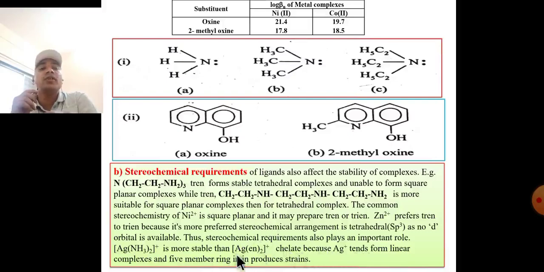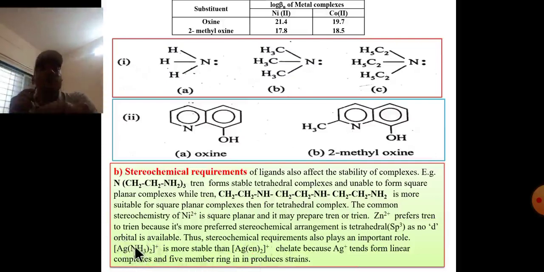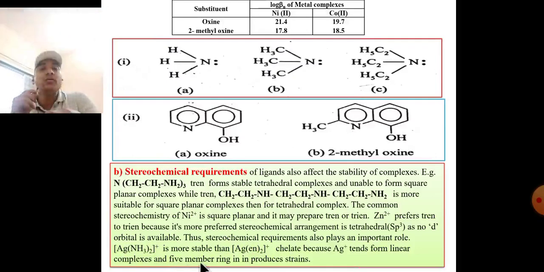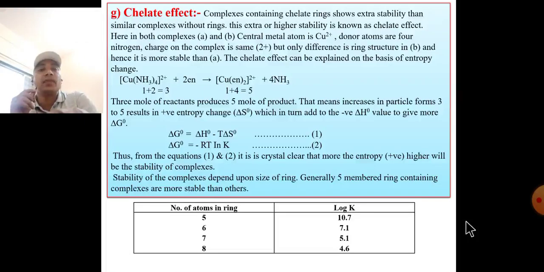These are the chelating and these are the unchelating complexes. This 5-membered ring form is more stable, as in the Ag en complex.